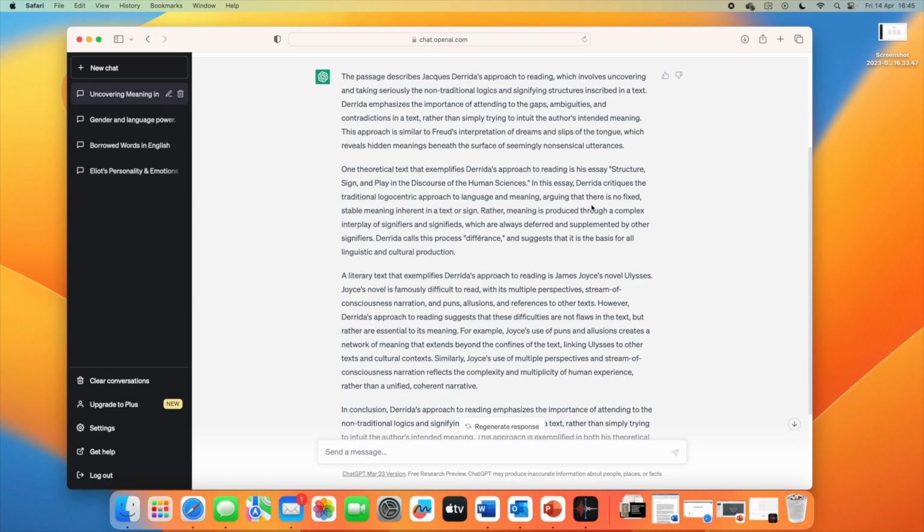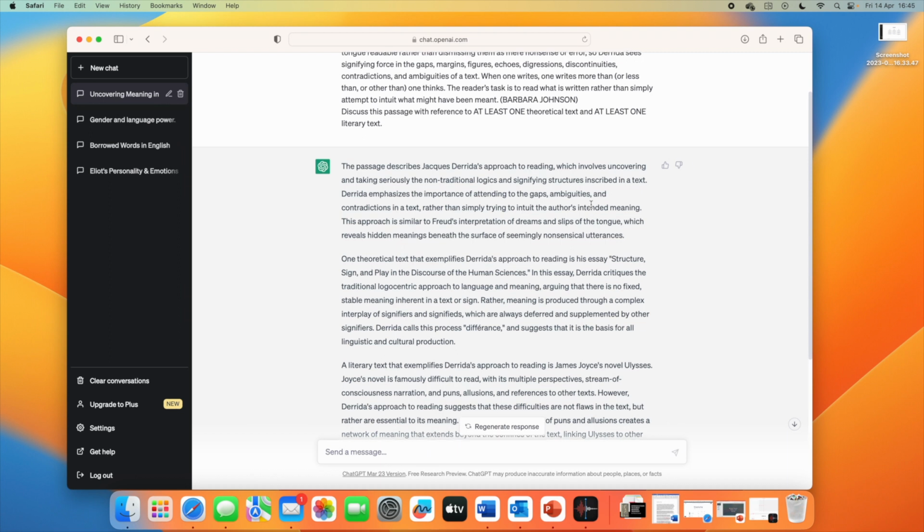Amazing! One of my favorite novels. Already read it. Famously difficult to read with its multiple perspectives, stream of consciousness narration, and puns, allusions, etc. Derrida's approach to reading suggests that these difficulties are not flaws in the text, but are rather essential to its meaning. Completely agree with Derrida.